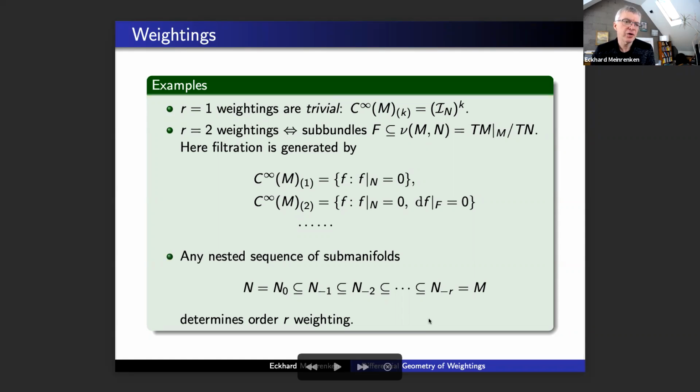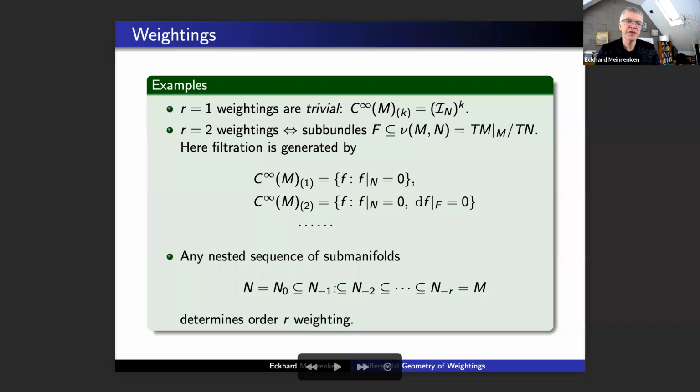Now for higher order, well, one thing I can say is that if you have a nested sequence of submanifolds, say R different submanifolds starting with your given submanifold N and ending with your ambient manifold M, that determines an order R weighting. So filtration degree 1 is whatever vanishes on N0.